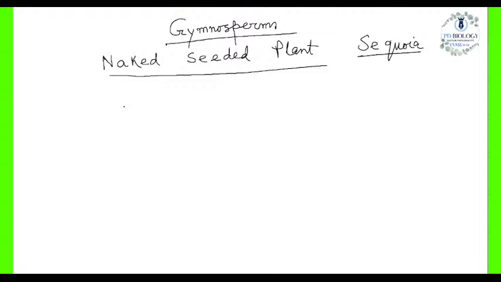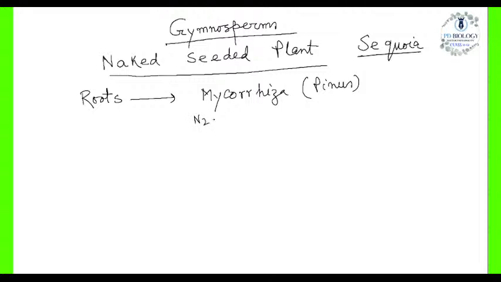Roots in some genera have fungal association, and this is known as, I think you know this one, the mycorrhizal association, found in Pinus, or nitrogen fixing blue-green algae.